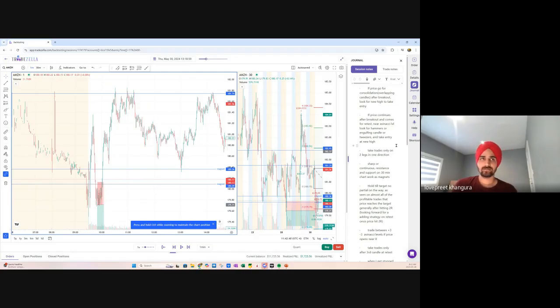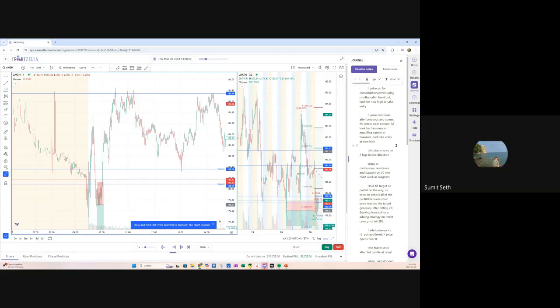So make sure you have clarity in the entries and exits, because otherwise, if you go for the gray area, then sometimes you get lucky, but most of the time you don't.